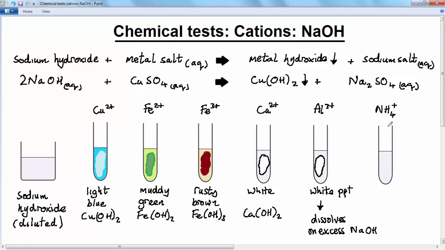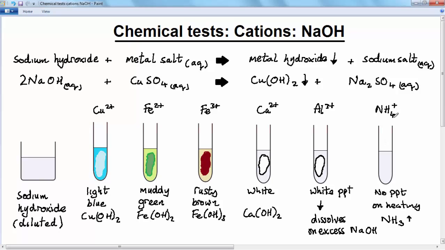Now finally, the ammonium solution. When sodium hydroxide is added to the ammonium solution, no precipitate is formed, but you will notice on gently heating this solution that ammonia gas is released from the test tube. So you write no precipitate, but on heating you get ammonia gas. That's NH3, not NH4.